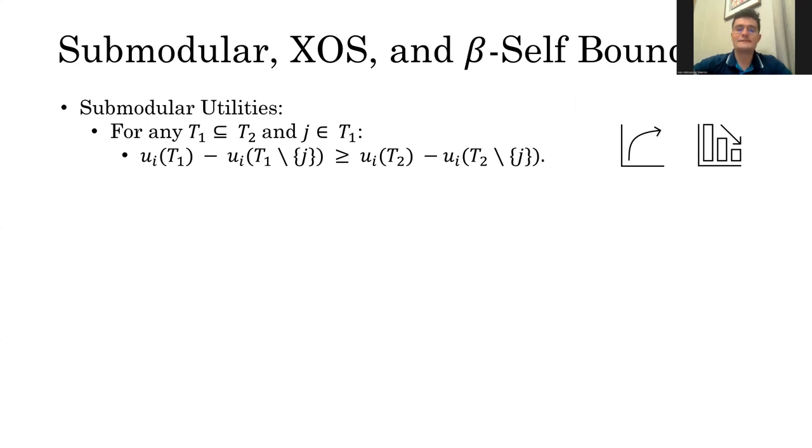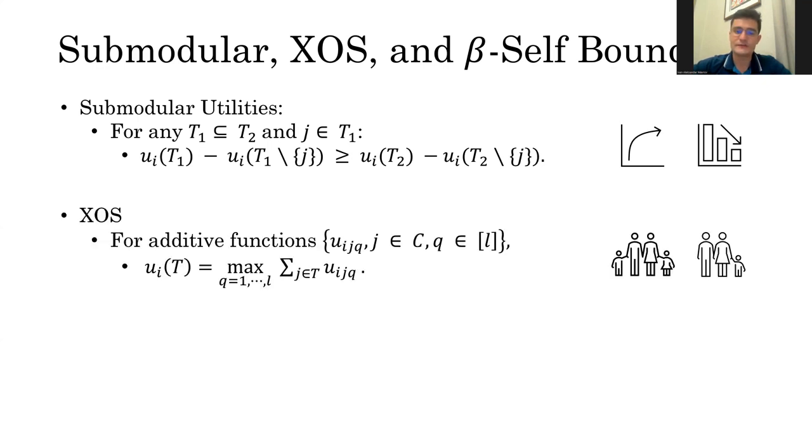Submodular utilities are often considered to be the discrete version of concave utilities, which capture from economics the notion of decreasing marginal utilities and decreasing returns. XOS utilities have been introduced to model the cases when in voting we take into consideration not only our own utility, but that of a family member.